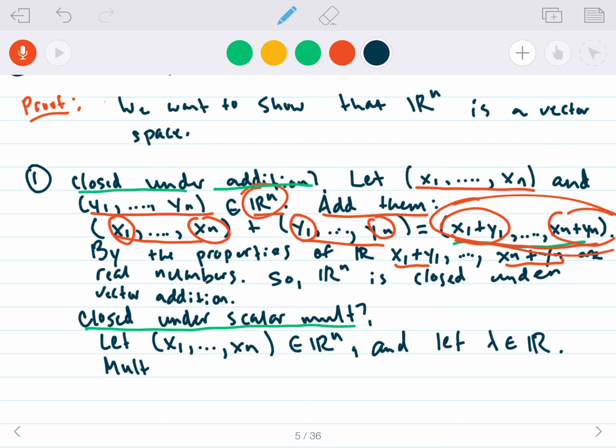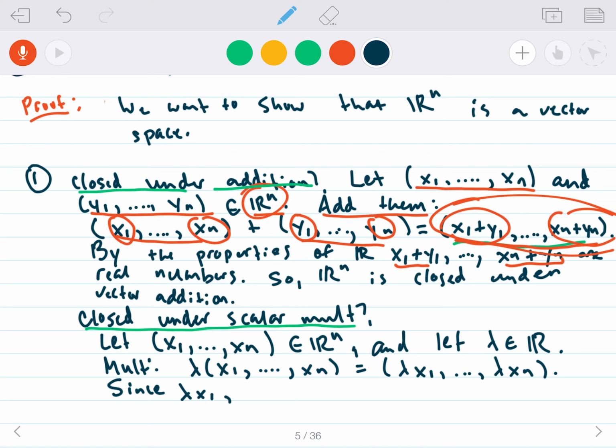Multiply. We have lambda times x1 dot dot dot xn. Just by definition of scalar multiplication, we distribute that scalar in to give us lambda x1 dot dot dot lambda xn. And again, I'm writing every little step out, but you don't have to if this makes sense to you.